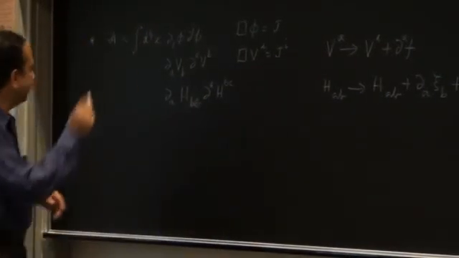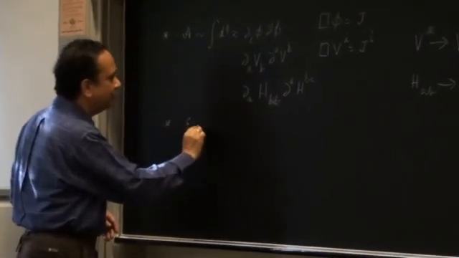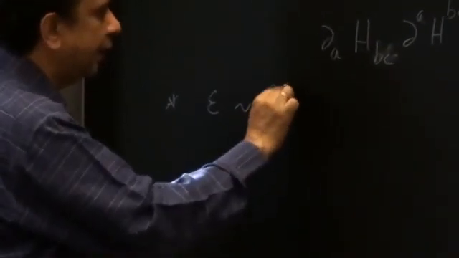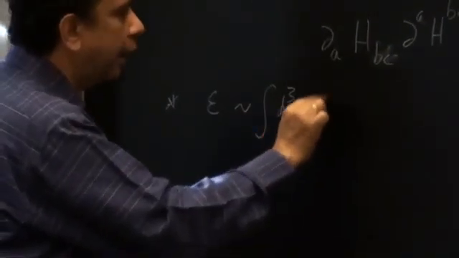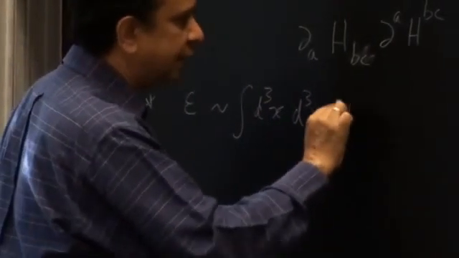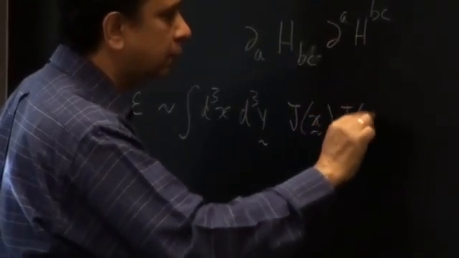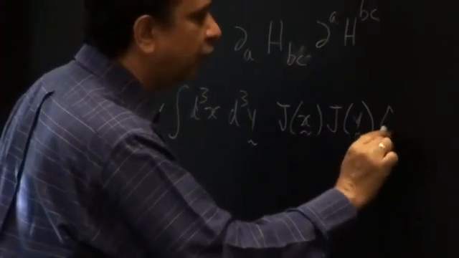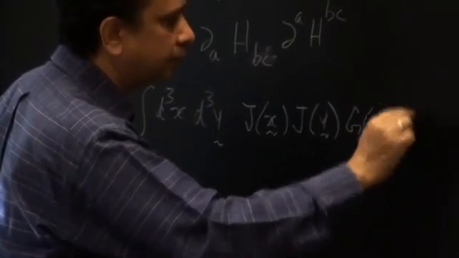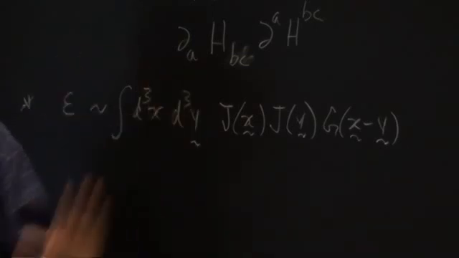Then you can immediately write down in the first case that the interaction energy in the static limit will be something like an integral over d3x d3y of some j at x, j at y times a G of x comma y, which is your standard Green's function. For a massless case, it is just 1 upon |x minus y|, the mod square. So this is the interaction energy.